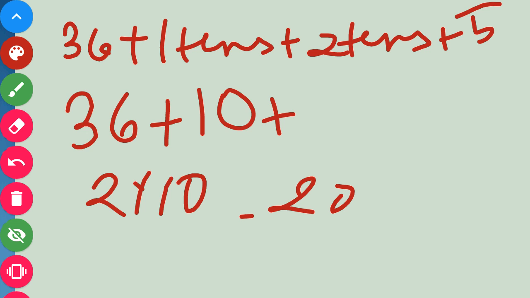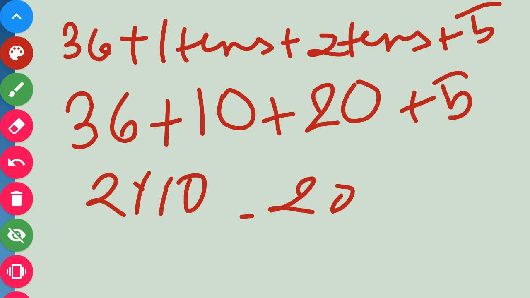So 36 plus 10 and 2/10 will give us 20 and 5. So 36 plus 10 plus 20 plus 5.